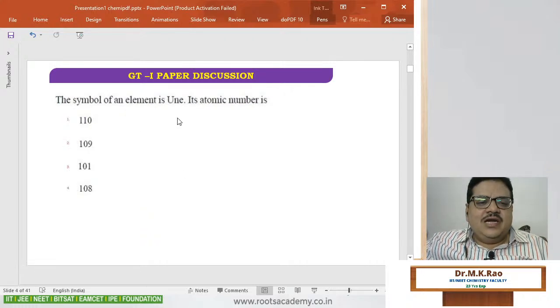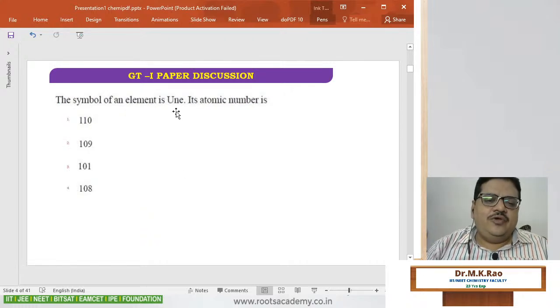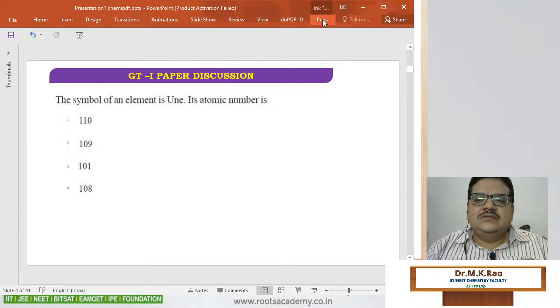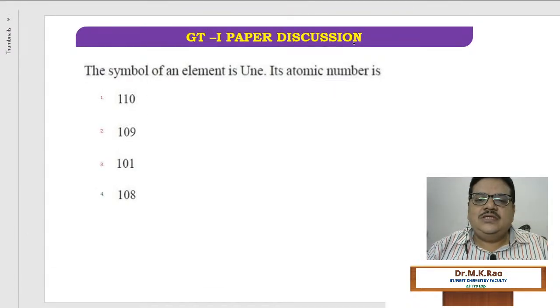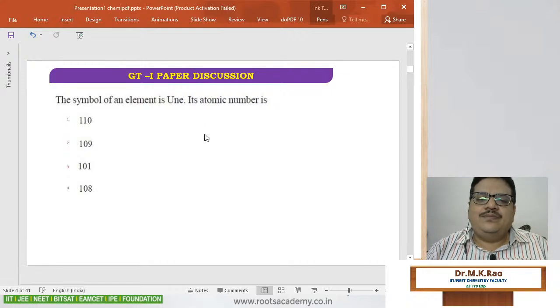See the symbol for element Une. U means un, n means nil, and b means bium. So this is UUB, unnilbium. Unnil and bium, it is N-E-M.